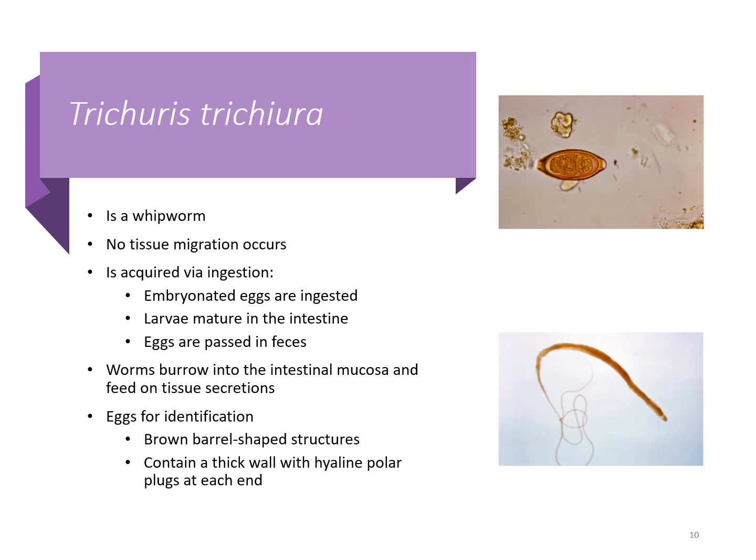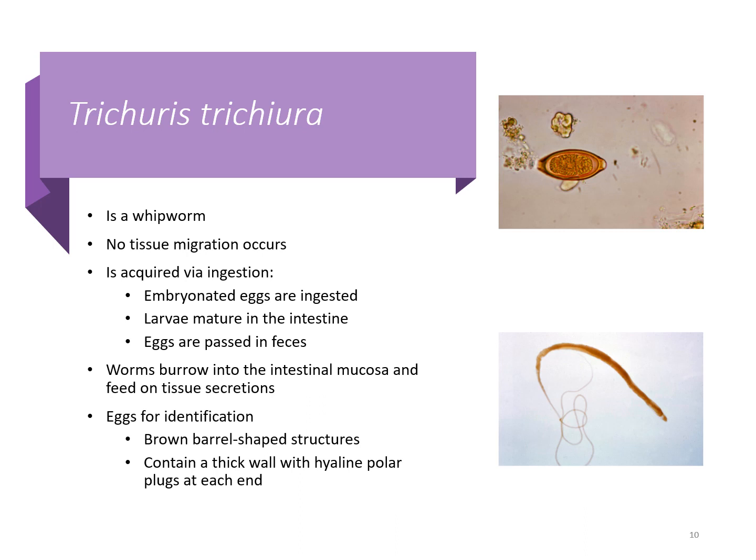Trichuris trichiura. This is also known as the whipworm. So with this one, there is no tissue migration, so this organism does not go through the body like the previous one. And of course you can ingest the egg itself, and then the larvae will mature in the intestines, and then the egg is passed through the feces.